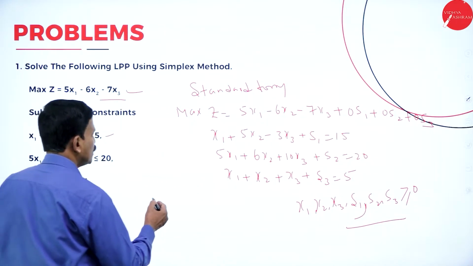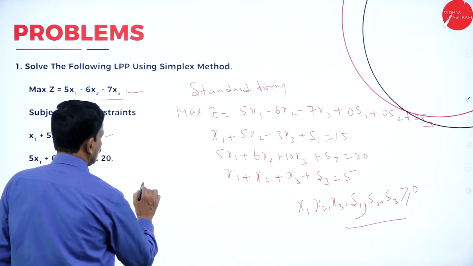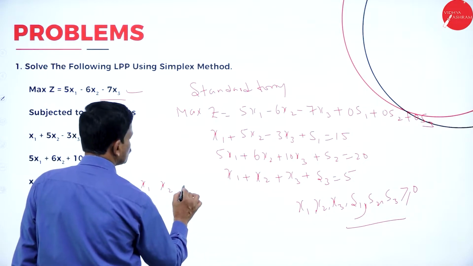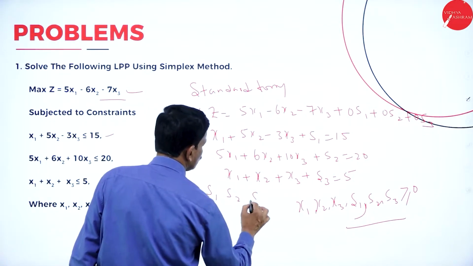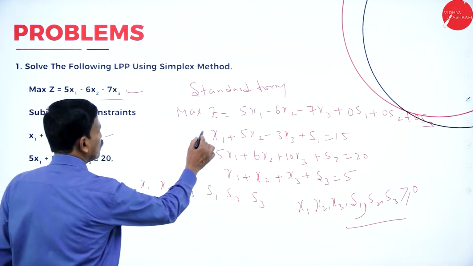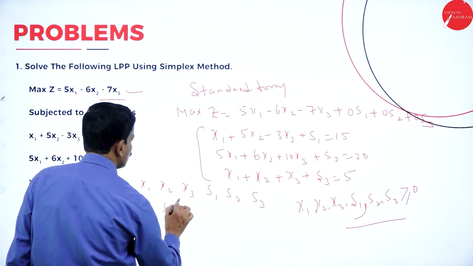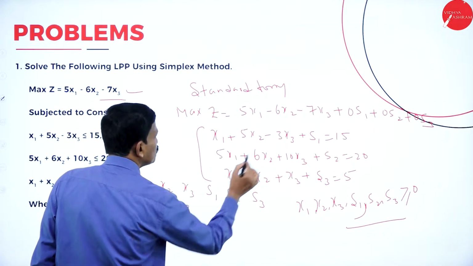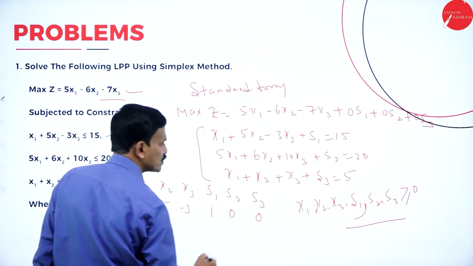Now before that, write down the coefficients of x1, x2, x3, and similarly s1, s2 and s3. For the first equation, the coefficients for x1, x2, x3 are 1, 5, minus 3. Then s1 is 1, s2 is 0, s3 is also 0.